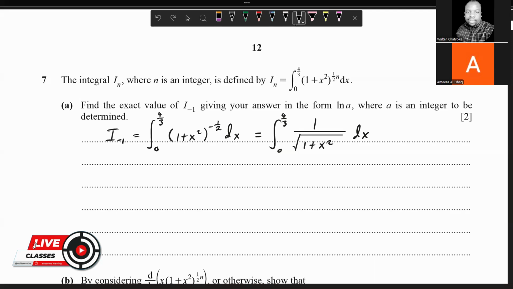So how do you think we can integrate this thing? I know in the formulas we have a specific one, I forgot which one, but is it cosh inverse or sinh inverse? Okay.